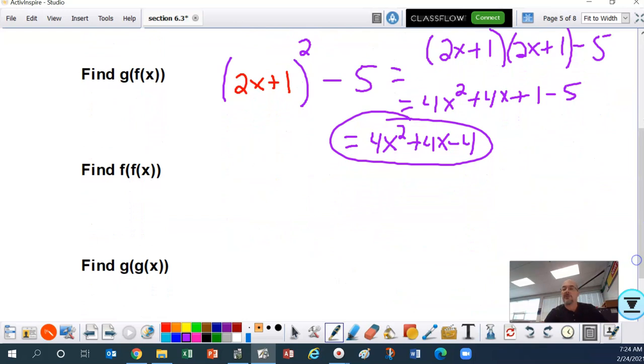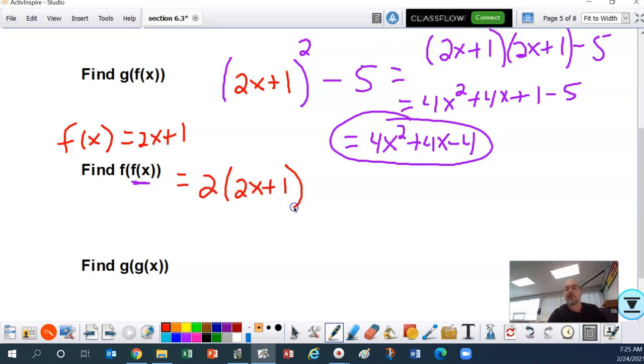All right, now I do have two others right here. I'm not going to do them to save time, but what you would do here is you would plug the f of x back into itself. So I'm not going to solve it, but I'll show you what it looks like. So f of x, remember, is 2x plus 1. So if I plug it into itself, this is what it would look like. I throw the x out and I replace it with 2x plus 1.